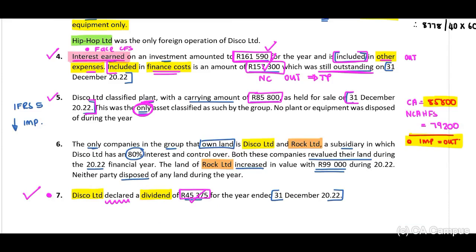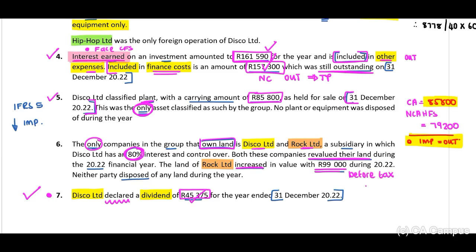Note 6. The only companies in the group that own land are Disco and Rock Limited, a subsidiary in which Disco Limited has an 80% interest and control over. Both these companies revalued their land during the 2022 financial year. The land of Rock increased in value with 99,000. Now remember, this amount is your before tax amount.